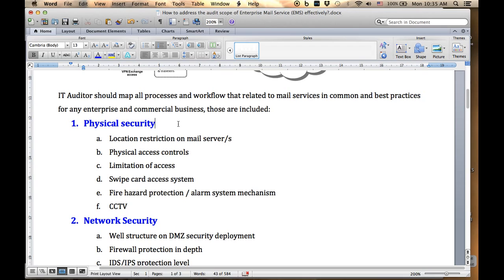Number one is physical security. The auditor needs to understand where the mail server is located and what mechanism the IT department uses to restrict who can access that particular premise, server room, or data center.